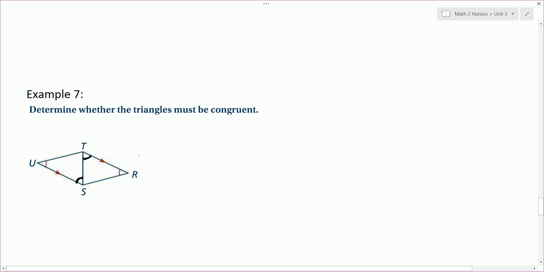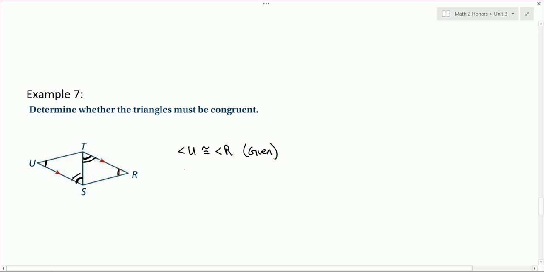What else can we get? I should put 2 marks on these because it's already used up on 1 here. We have an angle congruent to an angle, U congruent to angle R. That was given.